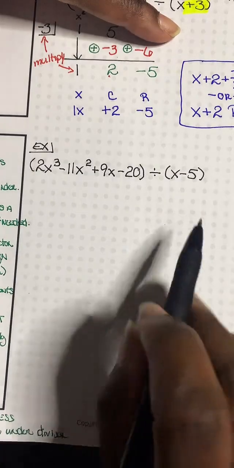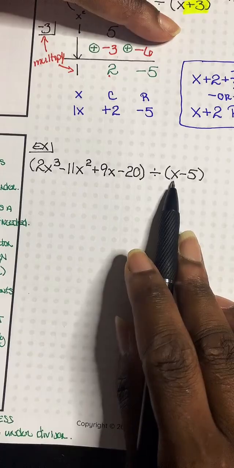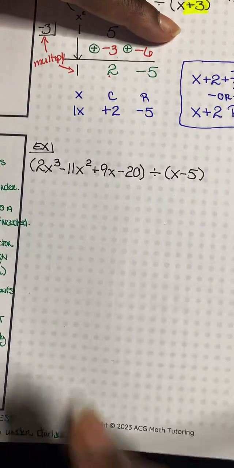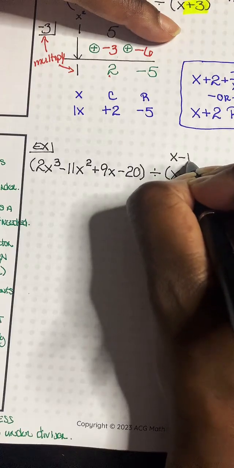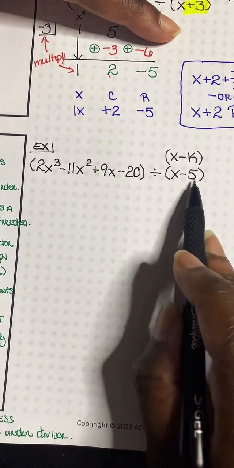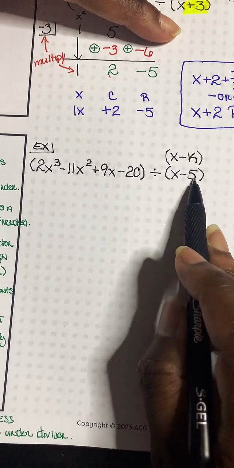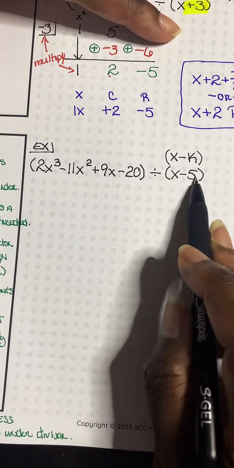Okay, now, first I'm going to look at my divisor. It is x minus 5. So the framework, the original, is always x minus k. And I notice that in place of k is a 5, and it's a positive 5.